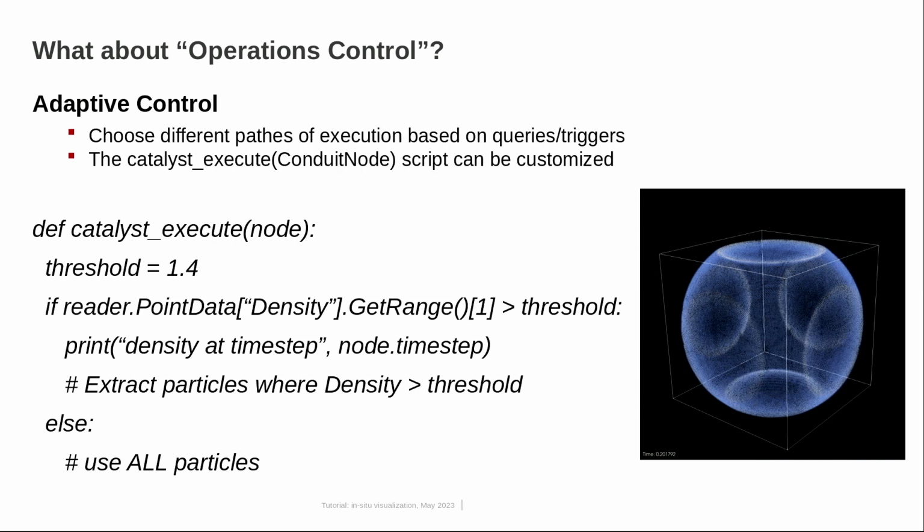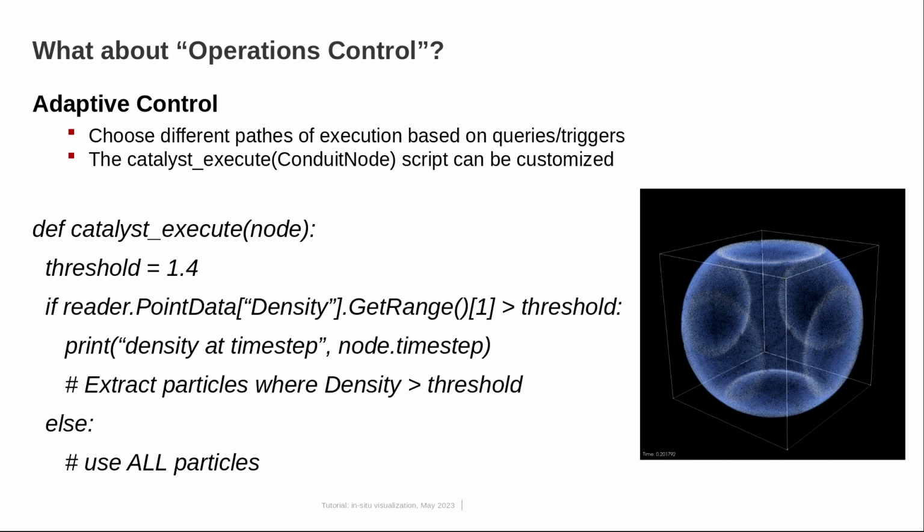I've talked about operations control this morning, thresholding, triggering. Here's an example of thresholding with the ParaView code. This is back to my animation with SPH-EXA. I want to look at the point data, the density field.